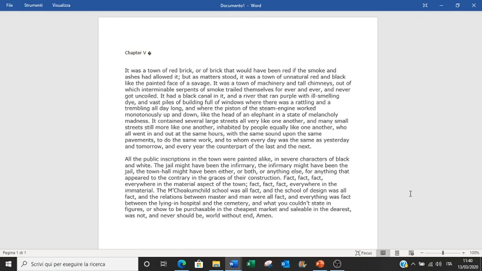Then I want you also to think about it. He uses very vivid colors, red and black. Then he uses also an animal, the serpent, that of course, together with the other two words, the adjectives, the colors, in a way make us think of hell, right?